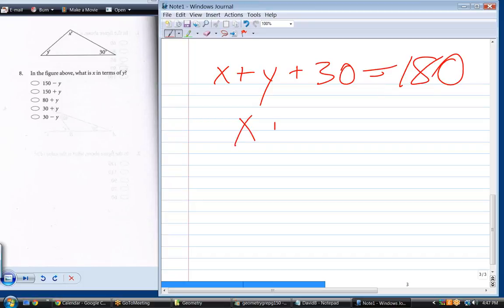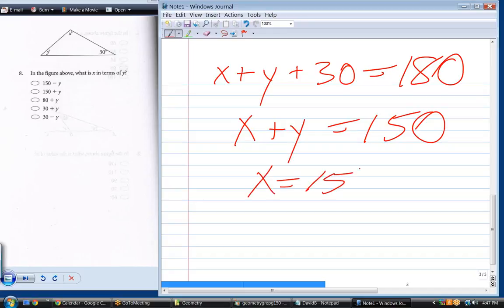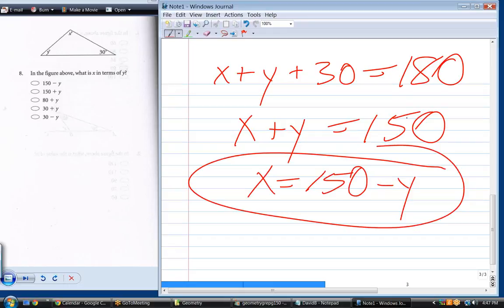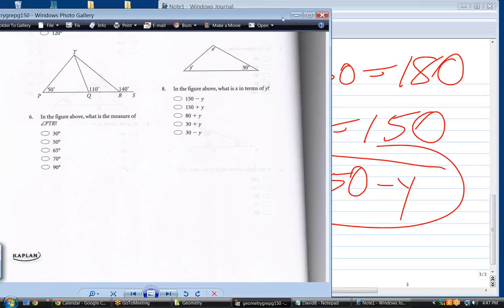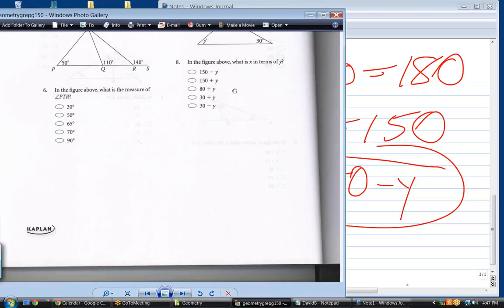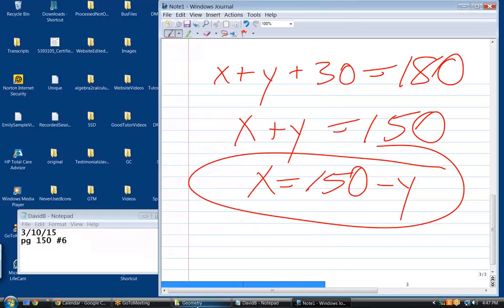Now you can say x plus y equals 150. So now solve for x. X equals 150 minus y. Right there. Okay. Let's go to the next page.